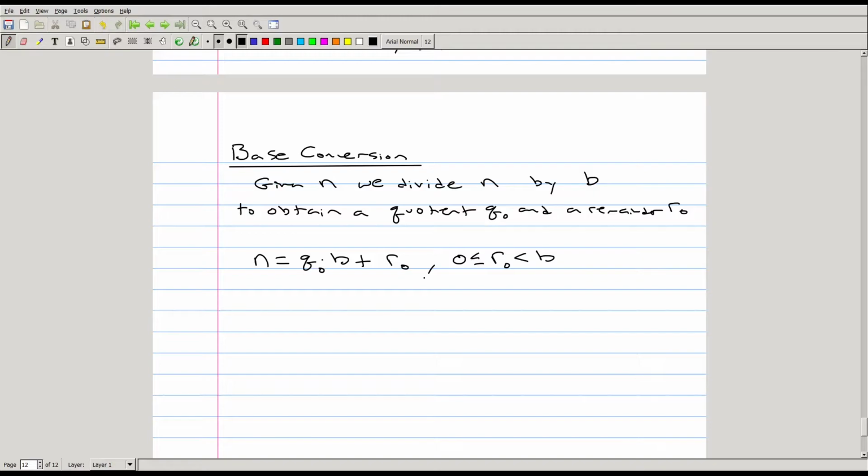And thus the remainder is actually equal to the first place in the base b expansion of the number.